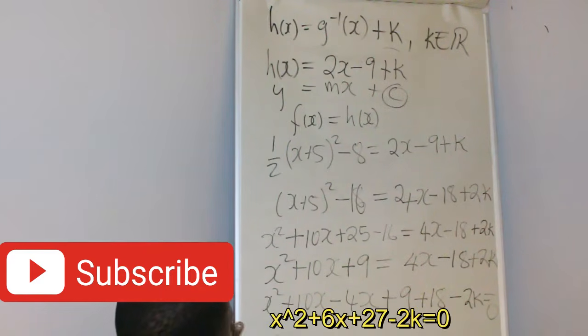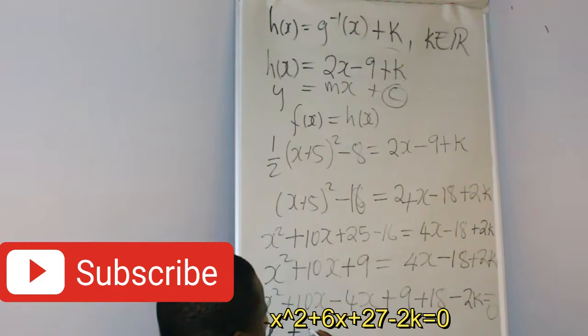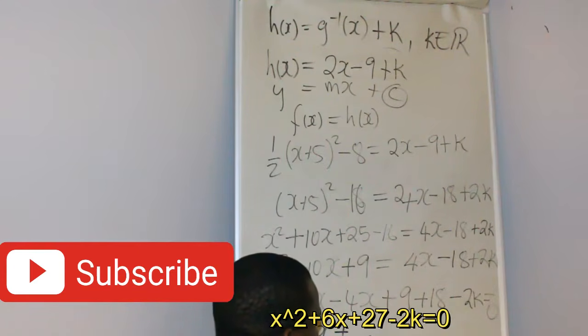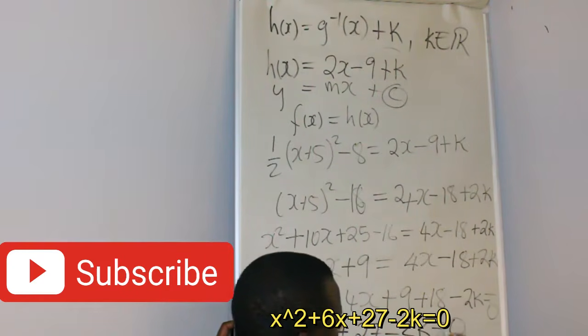So what do we have? So we have x squared plus 6x plus, this plus that, that's 27, minus 2k is equal to 0.